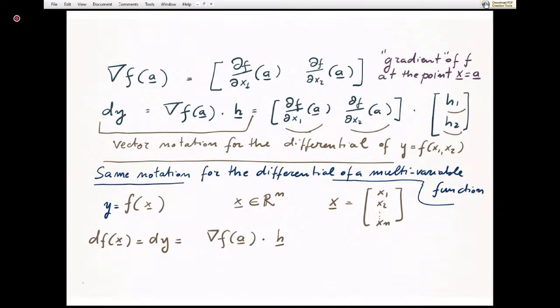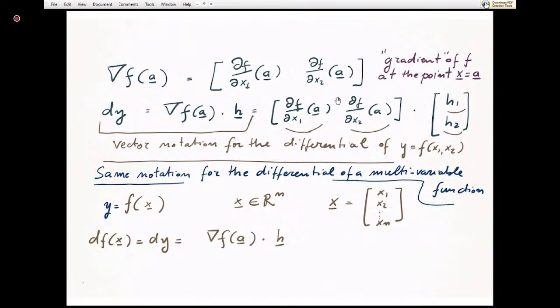And also another thing that I already introduced is the short notation for the differential, because this is the reason why we model the gradient as a row vector and the vector of the increments as a column vector. This is a basic case of multiplication between two vectors having the same dimension, meaning the same number of entries, one row and the other column, okay?